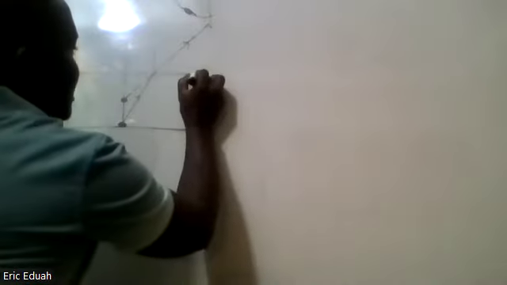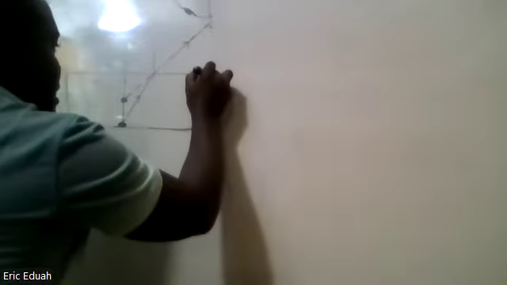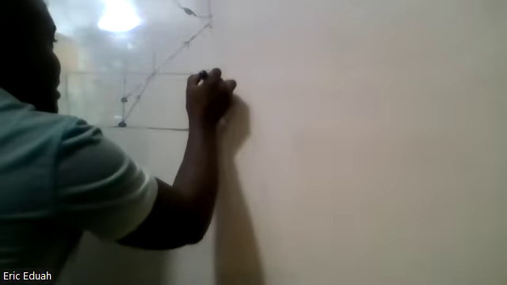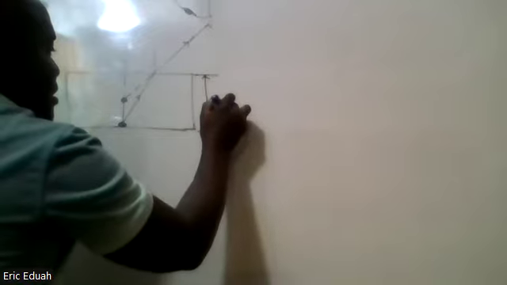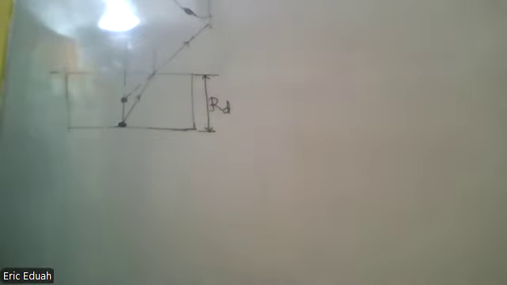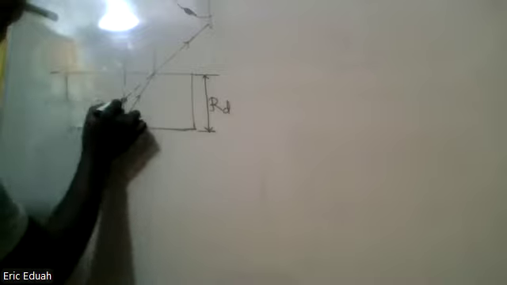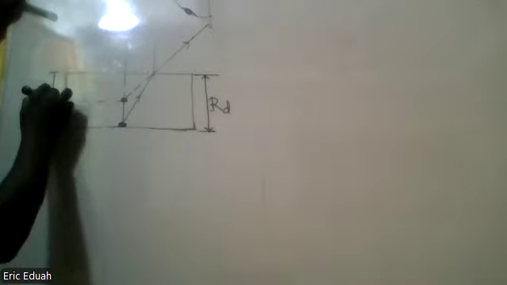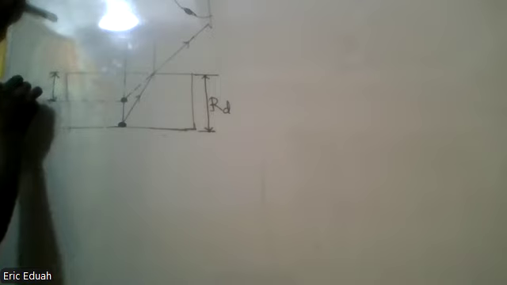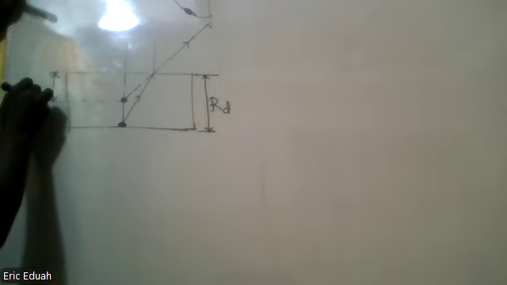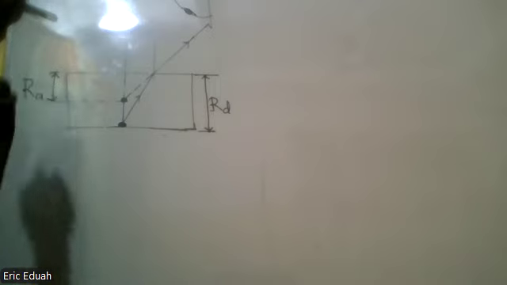From the surface to where the object lies, this is the real depth. From the surface to where the image, which looks like the object to the observer, is, this is the apparent depth.